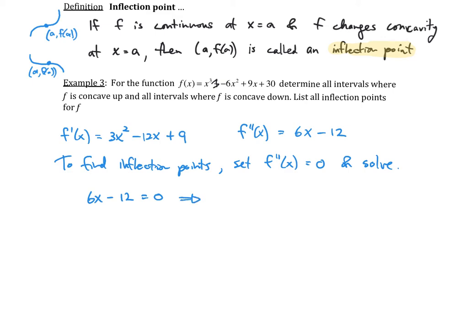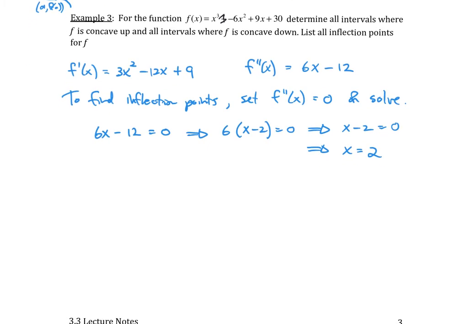One thing I can do is I see I could factor out a 6. So when I factor out a 6, I'm going to get x minus 2 equal to 0. If I divide both sides by 6, I'm going to get x minus 2 is equal to 0, which tells me x is equal to 2. So we may have an inflection point at x equal to 2, but I still need to check the concavity with a couple of test points.